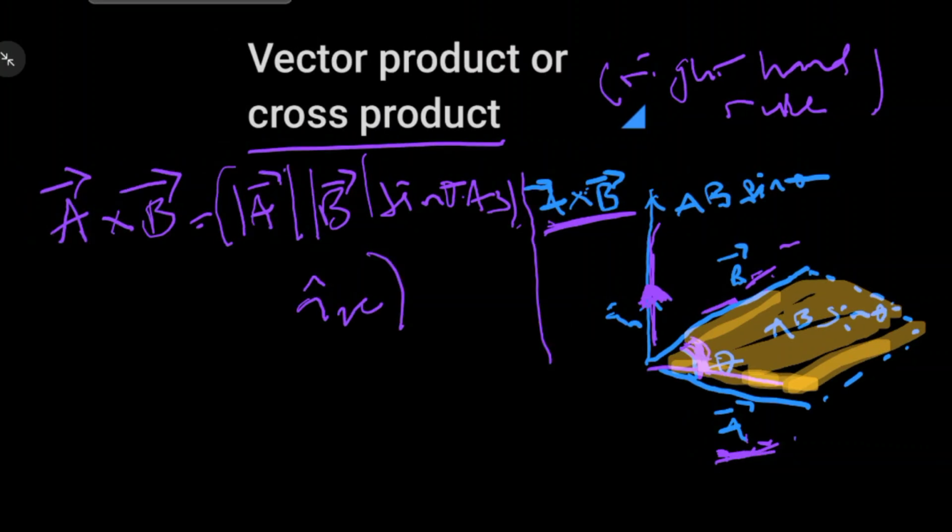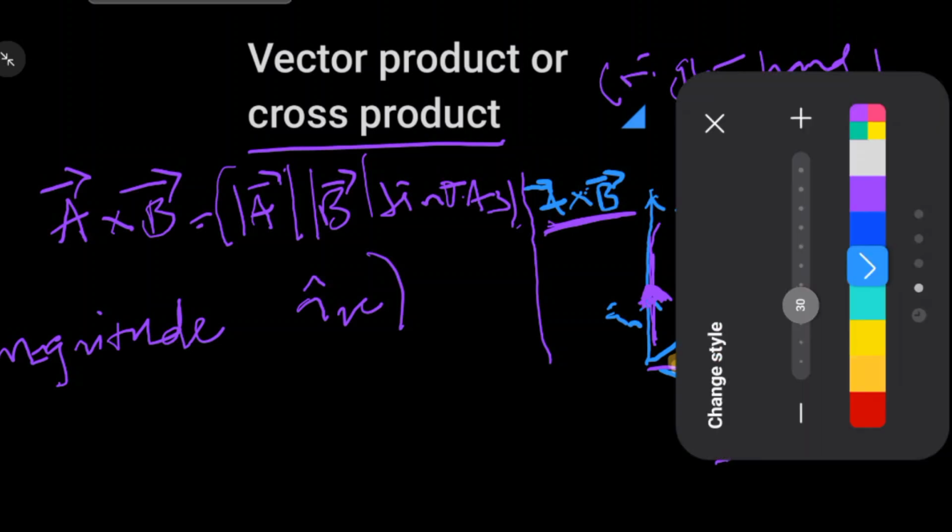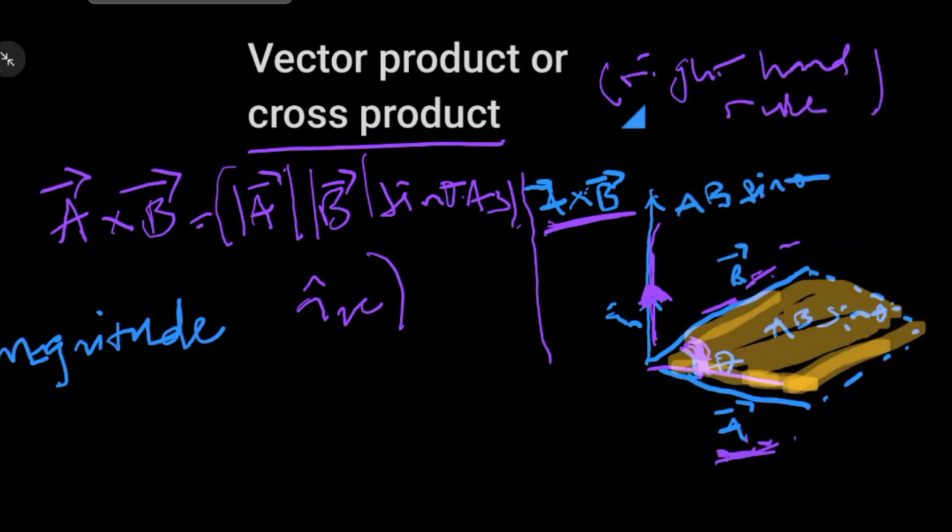Some points right here. So let's start off with magnitude. The strength is determined by the sine of the angle between them.